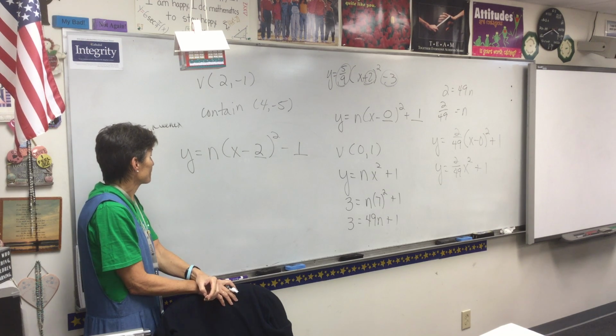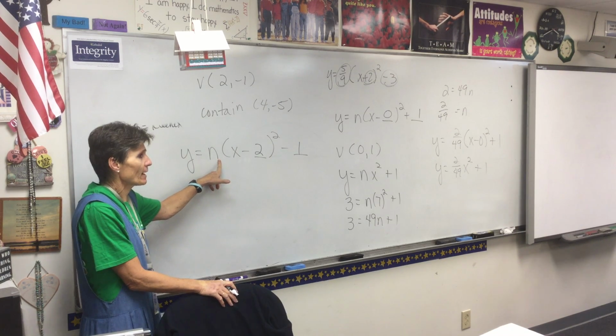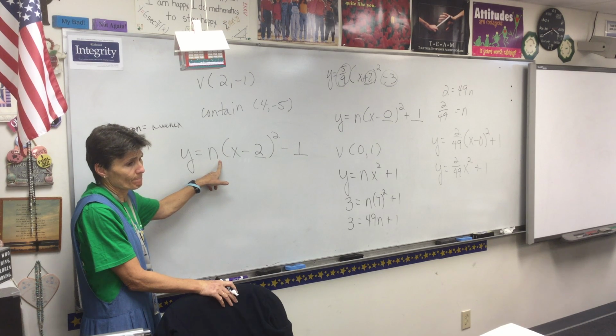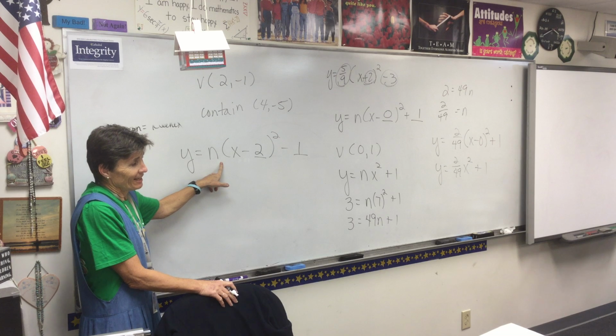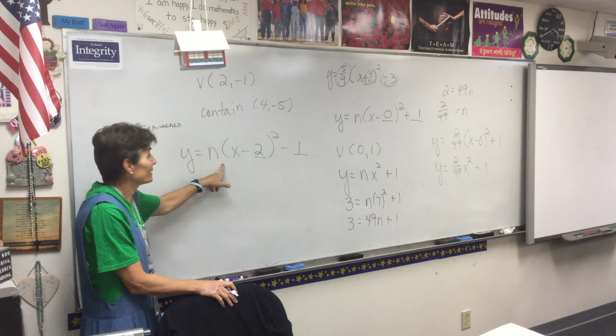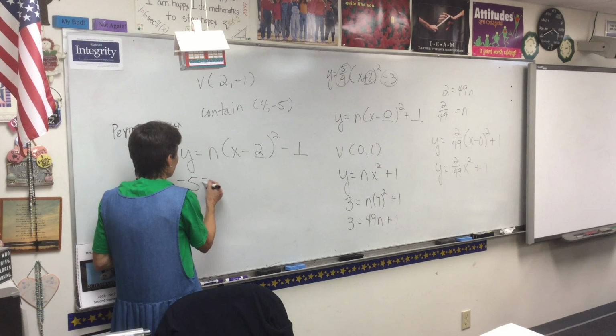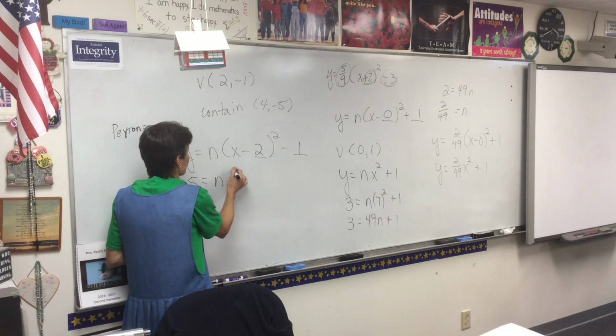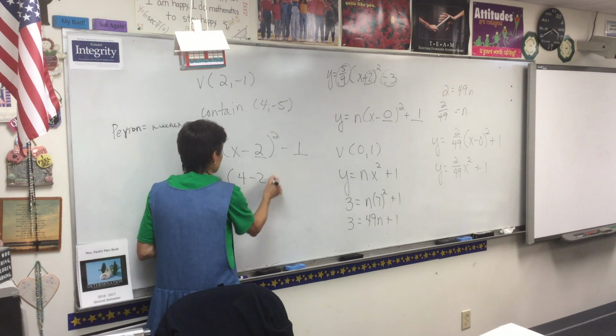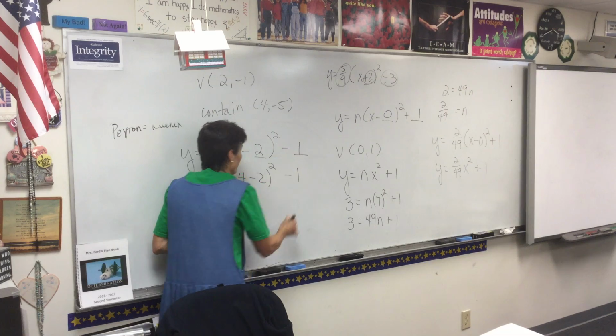Okay. How do I figure that out? How do I figure this out? Plug it in. Plug in that point right there. So -5 equals n times 4 minus 2 squared minus 1.